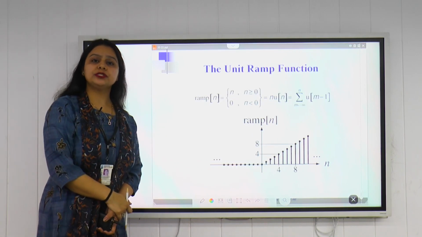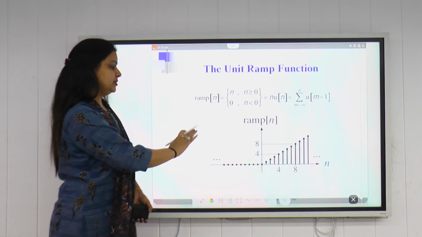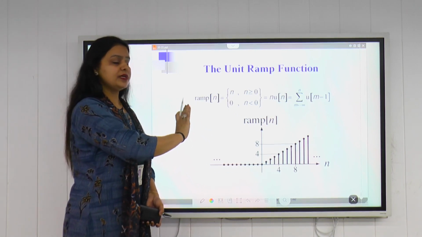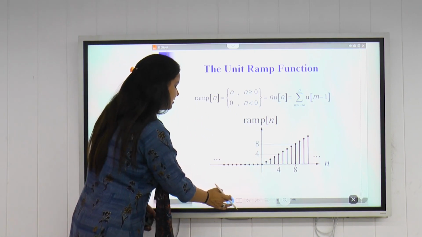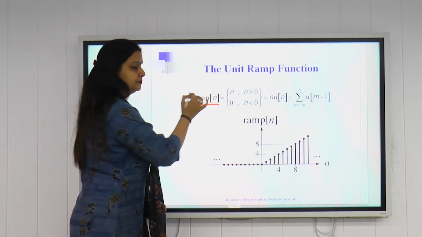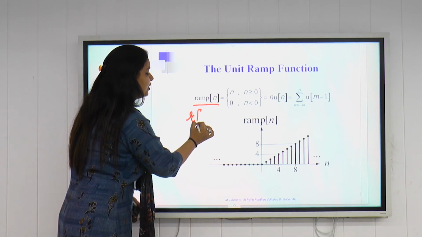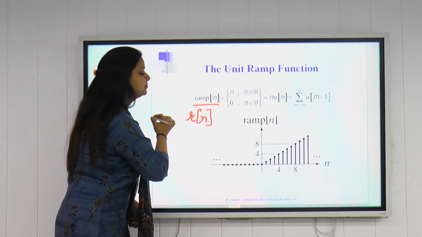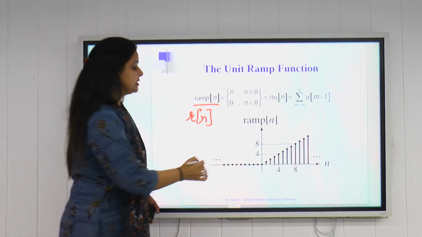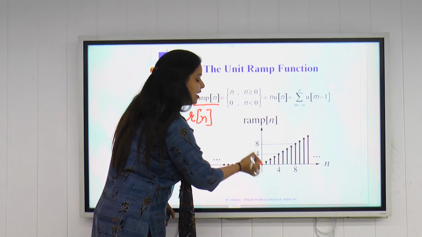Then we have the fourth type of elementary signal, that is the unit ramp signal. Let's first see the graphical representation of this signal. This signal is denoted by ramp(n), and in some books we also denote it by r(n). A very important signal. At n equal to 0, its value is 0.